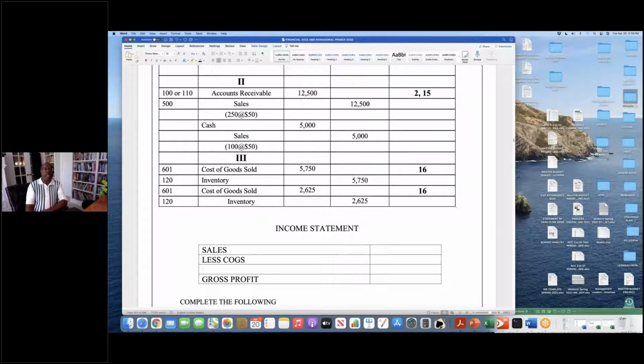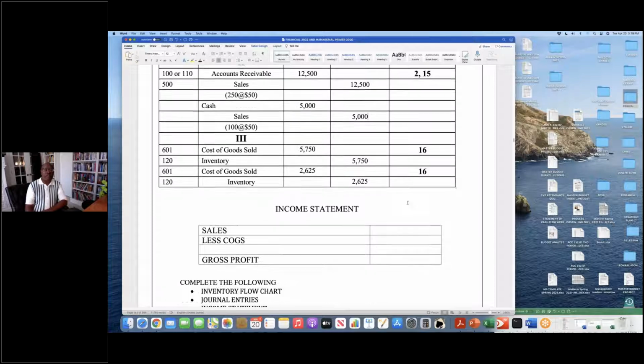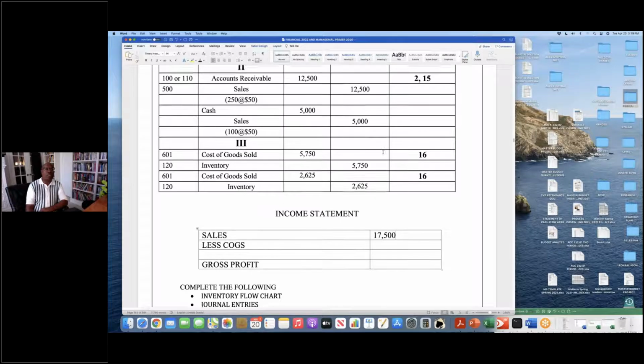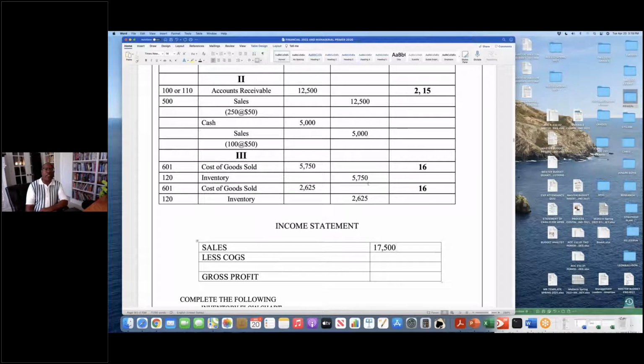So we get our sales, 12,500 and 5,000, so that becomes what? 17,500. Our cost of goods sold, we're going to add those up. 5,750 and 2,625. How much is that?